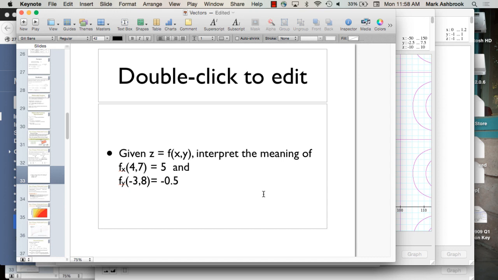Ryan, how about the second one? If you hold x fixed and you examine a small change in y around 8, you find that z is changing by -1/2 times the small change in y.